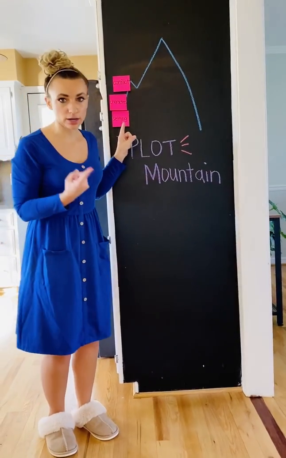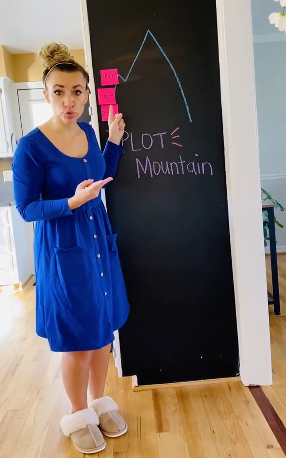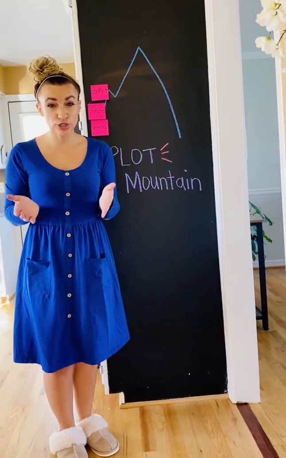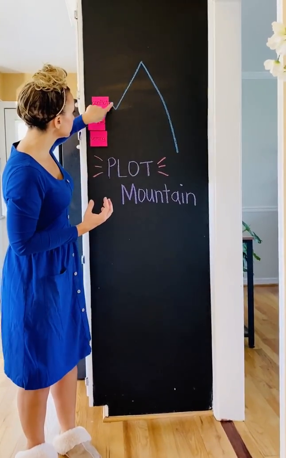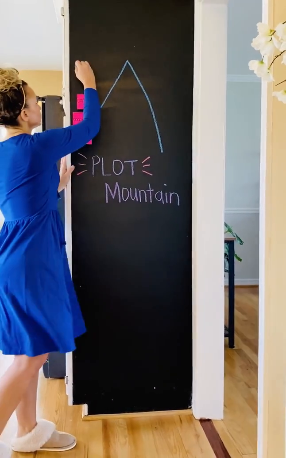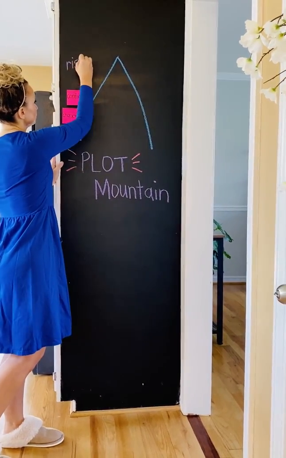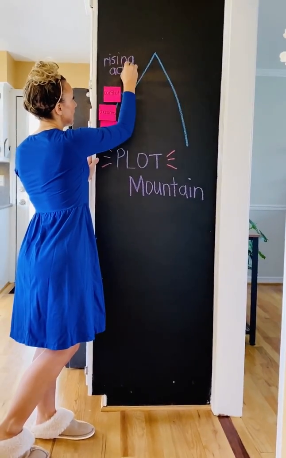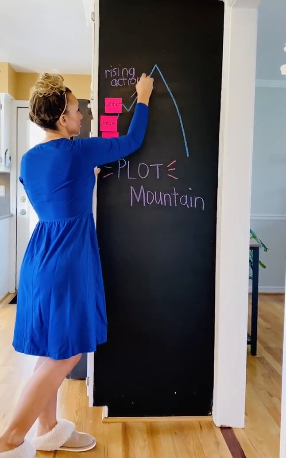So we know the setting, we know the who, and now we know the problem, the conflict that the characters are facing. They're going to spend some time going up Plot Mountain, and we call this rising action. So the action of the story is rising to the top.